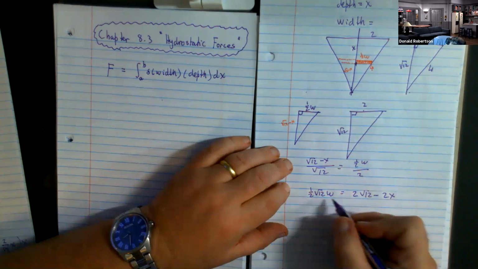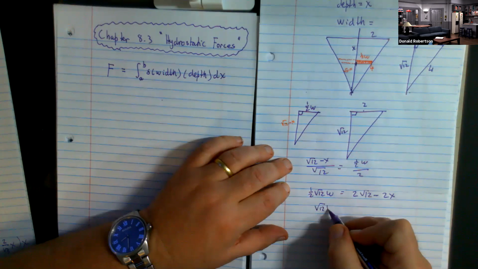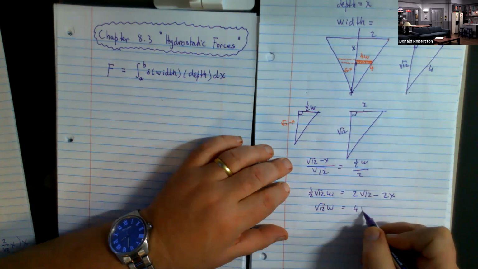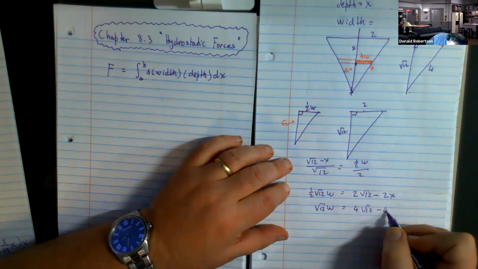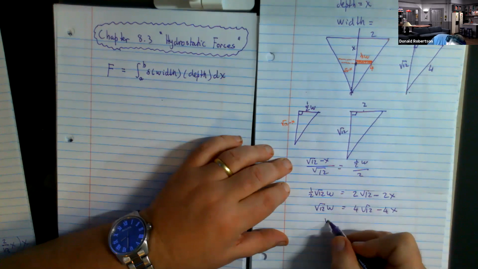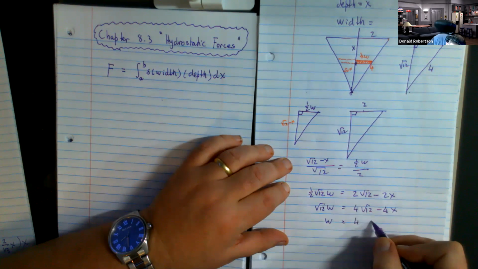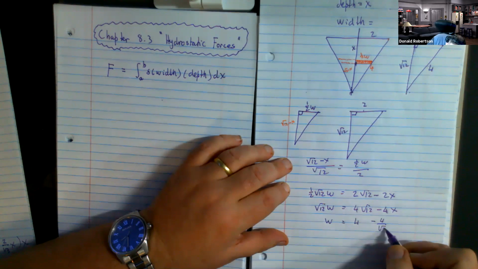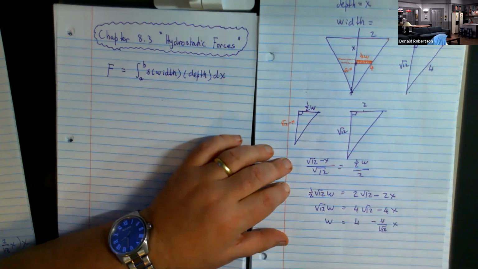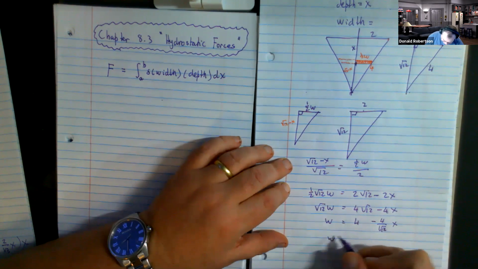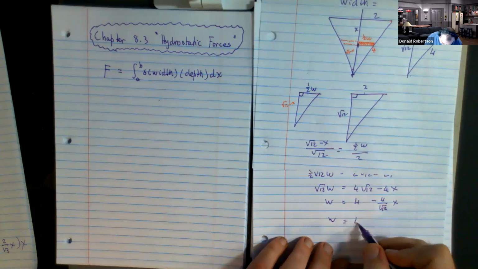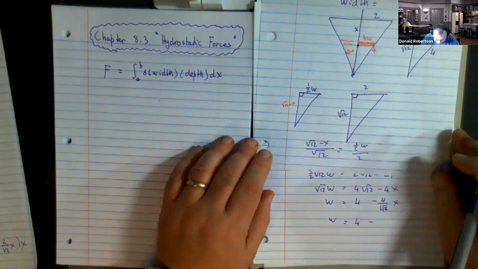Oh, let's do this in 2 stages because I'll screw up otherwise. If you multiply both sides by 2, you get that. If you then divide everybody by root 12, you get that. Right, the rest is just making it pretty.